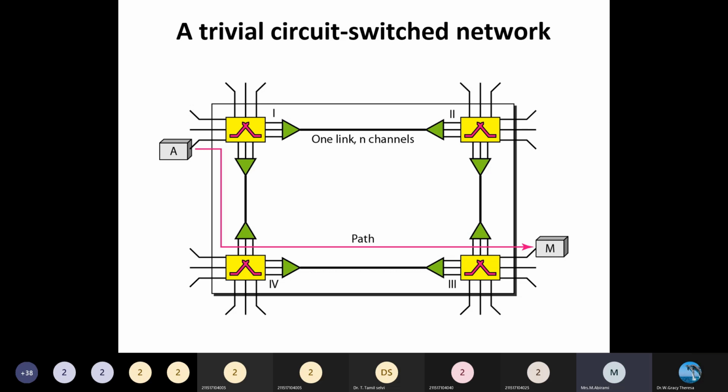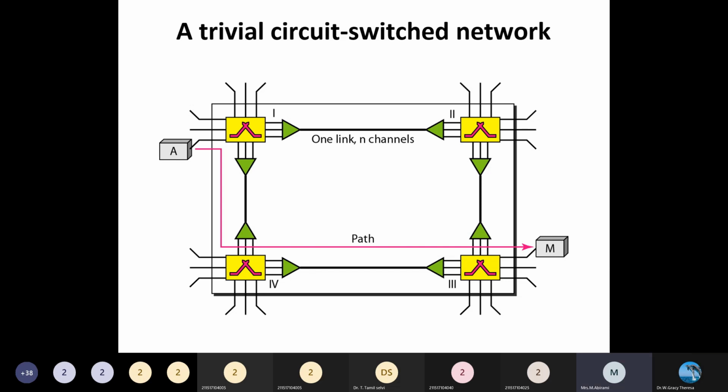The two methods decide and establish the connection of frames and bands, isn't it? So the trivial circuit switching network is shown using a four way network.